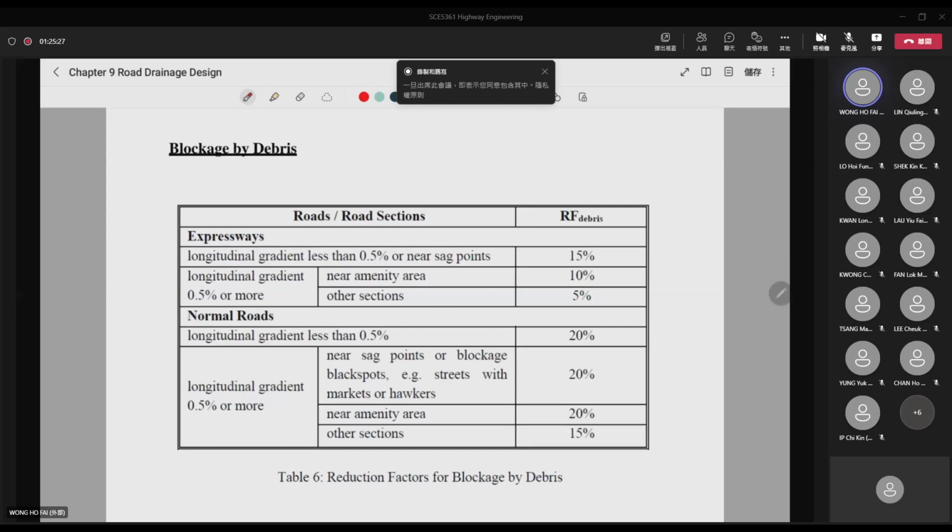Near the amenity area, again, is 20%. For other sections, we may limit it to 15%. It depends on the section of the road. Then you will have different so-called reduction factors.